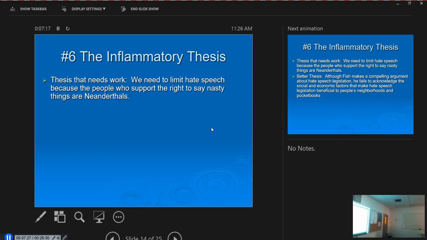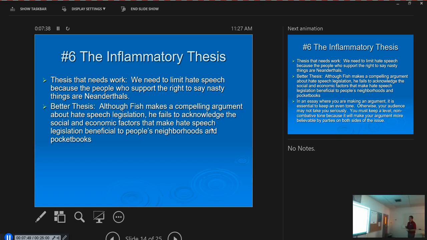In other words, people who support avoiding hate speech legislation. I suppose you could make a First Amendment argument and things of that nature. But we don't want to lose our audience. We want people, even if they disagree with us, to keep reading. Okay? So, let's fix it.